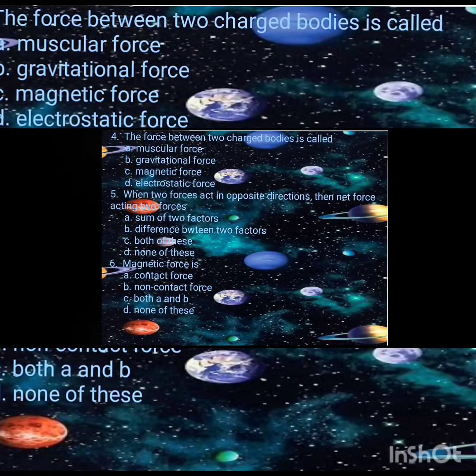Let's begin with the fourth one. The force between two charged bodies is called A. Muscular force, B. Yes, C. Magnetic force, D. Electrostatic force.